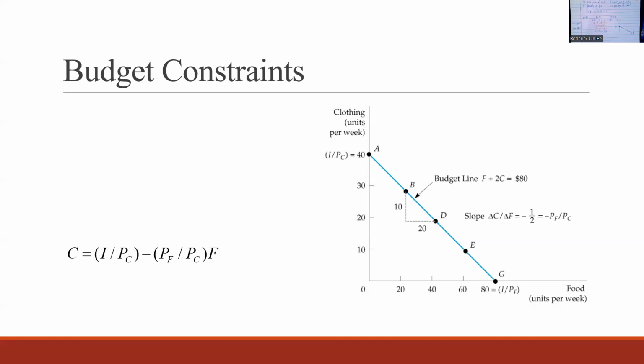For the same reason, the other endpoint, which is 80, point C underneath, indicates the highest amount of food that you can purchase, because at point C, we spend no money at all on clothing. It's dedicating all your money solely to food, how much you can buy. So these two endpoints are very convenient points, telling you the respective category of goods whose maximal amount you can possibly purchase permitted by the current budget.